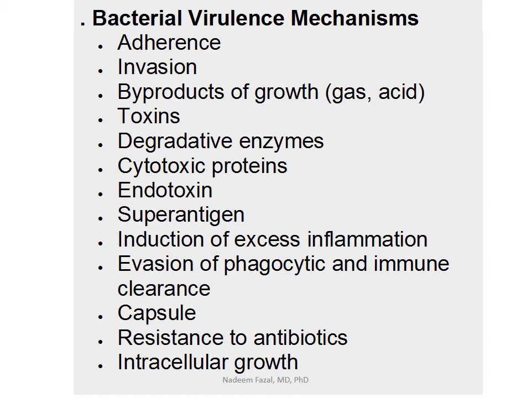Then they have enzymes that will degrade our tissues; we call them degradative enzymes. They have proteins that will lyse our cells, cytotoxic proteins. They come with endotoxin. We talked about superantigens, which staph and strep can release, and then wreak havoc with the immune system.